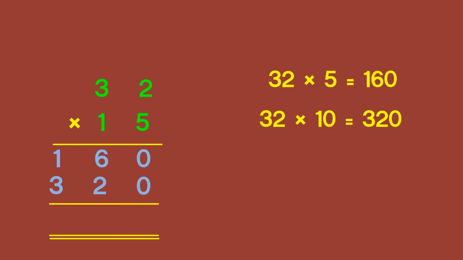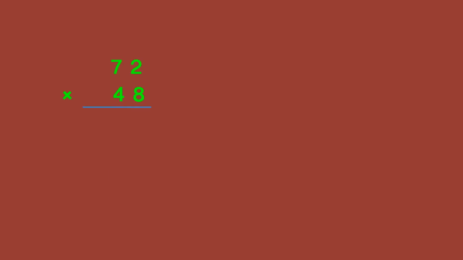Next, we have to add these two values together. 0 plus 0 is 0, 6 plus 2 is 8, 1 plus 3 is 4. So we can get the answer: 32 multiplied by 15 is 480.